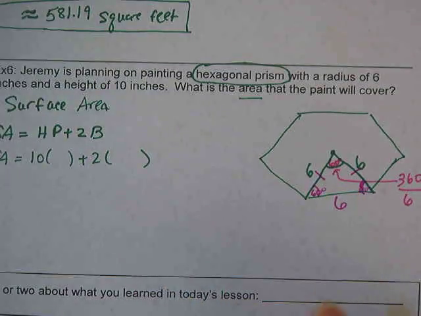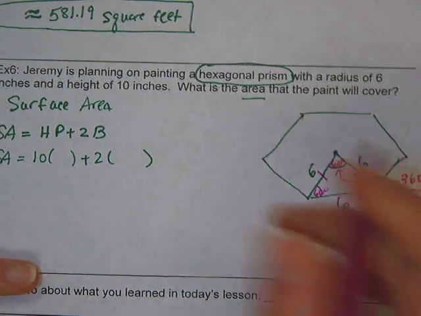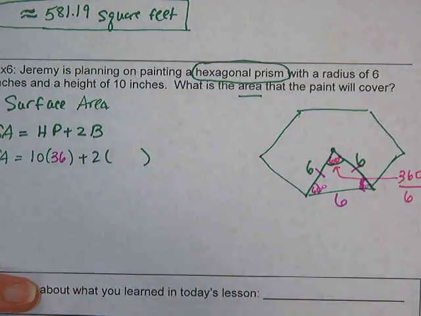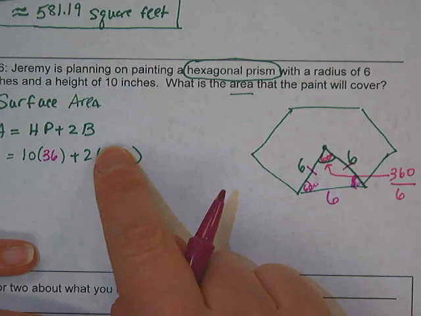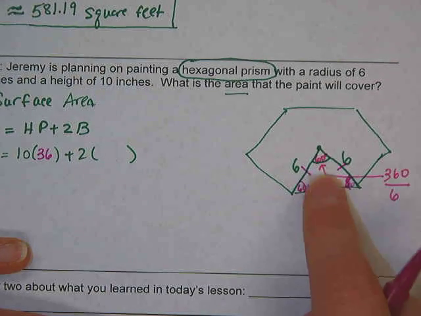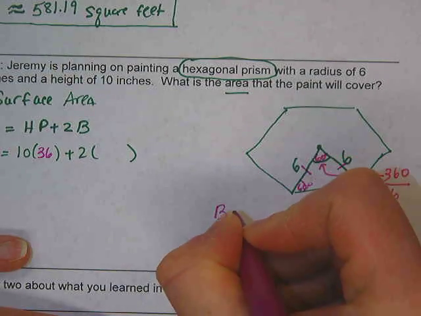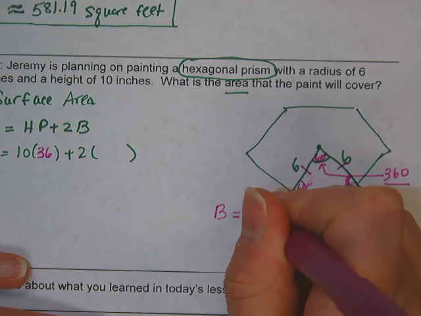That means this right here is an equilateral triangle. So when I want the perimeter of this hexagon, I just need to multiply this 6 here by the 6 sides that there are. And I'm definitely regretting how many 6's there are in this problem. So 6 times 6 gives us a perimeter of 36.